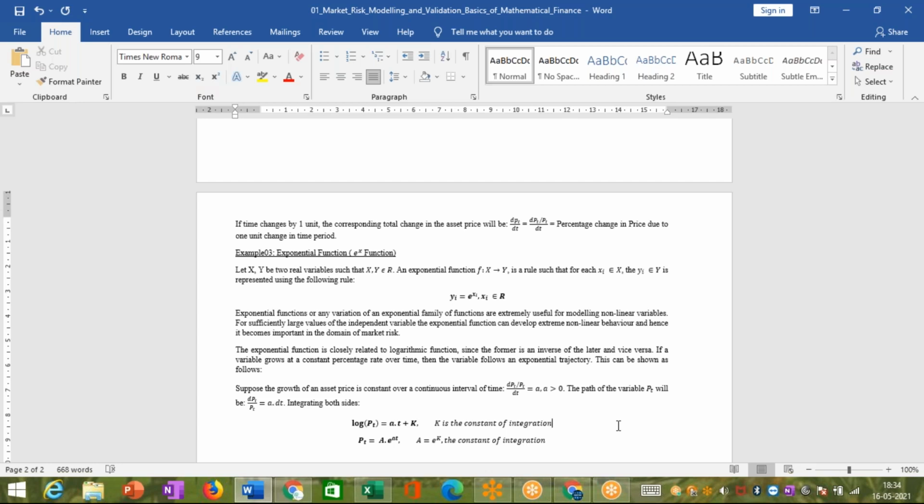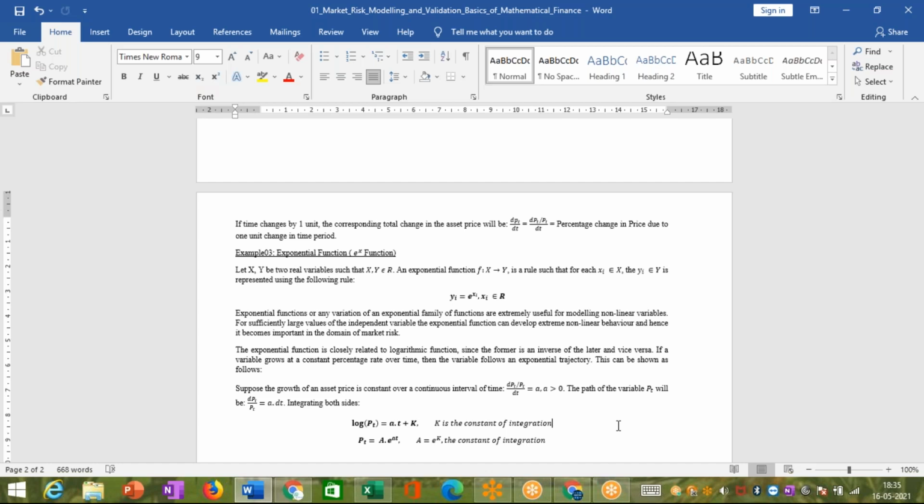Now the challenges will happen, or extreme non-linearity will appear for this function, when the asset price starts growing exponentially. So instead of a, the growth rate is e to the power of a, then this asset price itself will be growing hyperbolically, right?